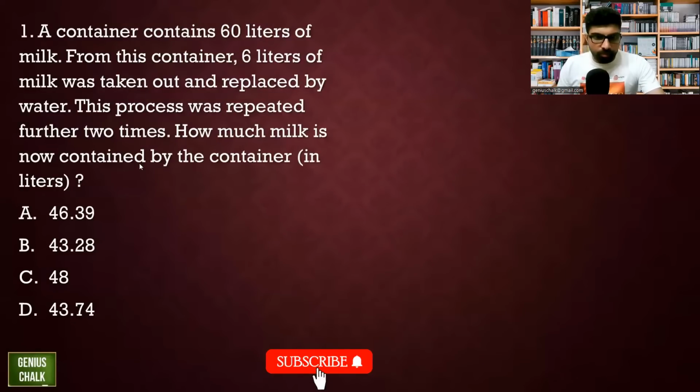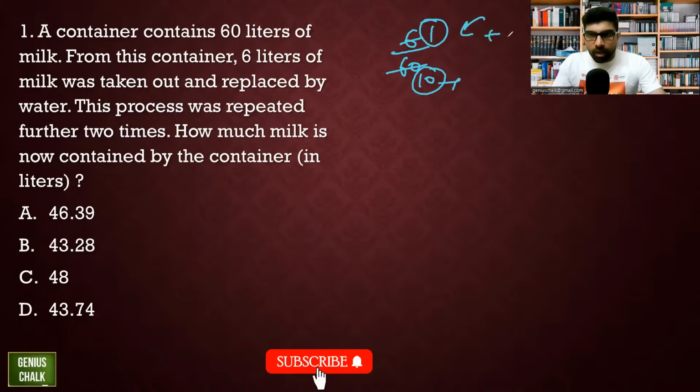Now let's try. So what is 6 by 60? Just check. It is 1 by 10. That means if original is 10, 1 liter I am taking out and 1 liter I am giving back.